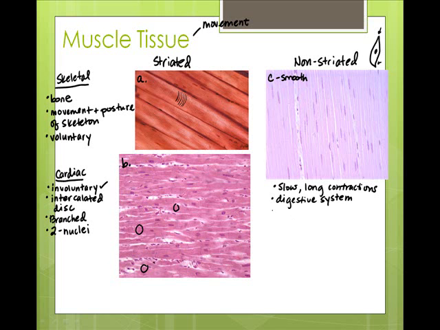But you're also going to find smooth muscle in the urinary bladder. You'll find it in the blood vessels and also in reproductive structures.